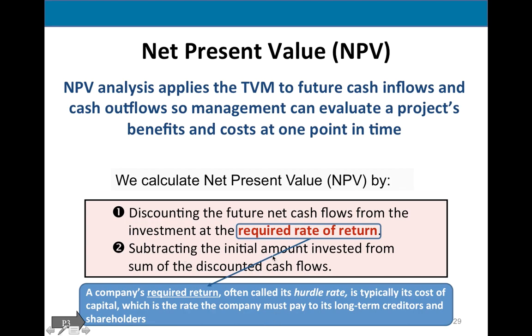And then, guys, we subtract the initial amount invested, which is today, present value, minus the sum of the discounted cash flows. If NPV is more than 0, it's a good decision to make. If the net present value is negative, do not make that decision. So the higher it is above 0, the better.